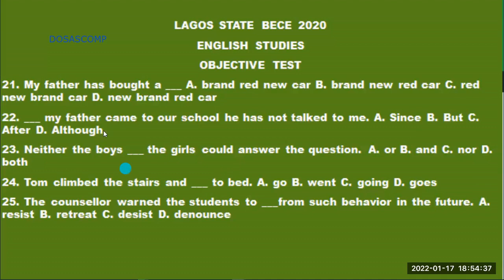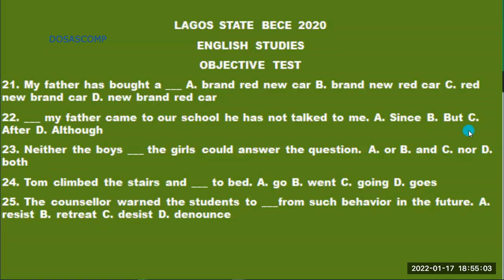So since my father came to our school, he has not talked to me. Now let's look at other options and see whether it really sounds grammatically correct if we use it to fill in this blank space. Let's test option B. But my father came to our school, he has not talked to me. Doesn't really make sense grammatically.